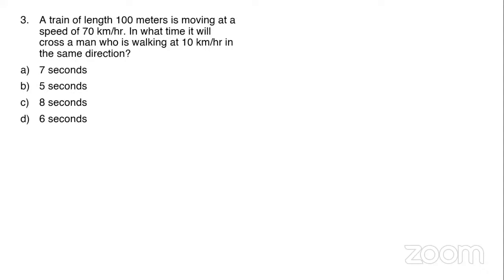But sometimes if another train is moving on the next track in the same direction as yours, then you will feel that that train is moving a bit slow, right?